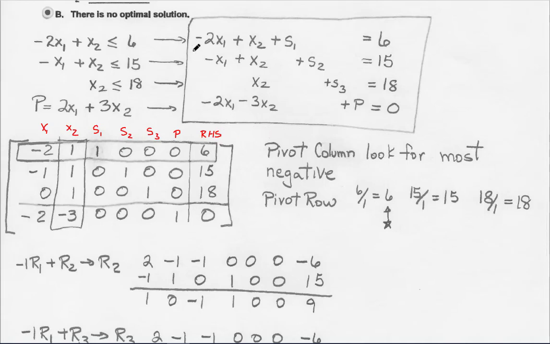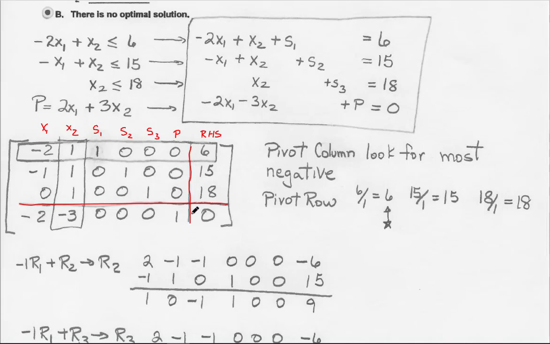So I'm just grabbing off the coefficients: -2, 1, 1, 0, 0, 0, 6. I do this for each of the rows until we fill out the entire matrix. There's typically a line. This line separates the bottom row, and this line reminds me of where the equals was.